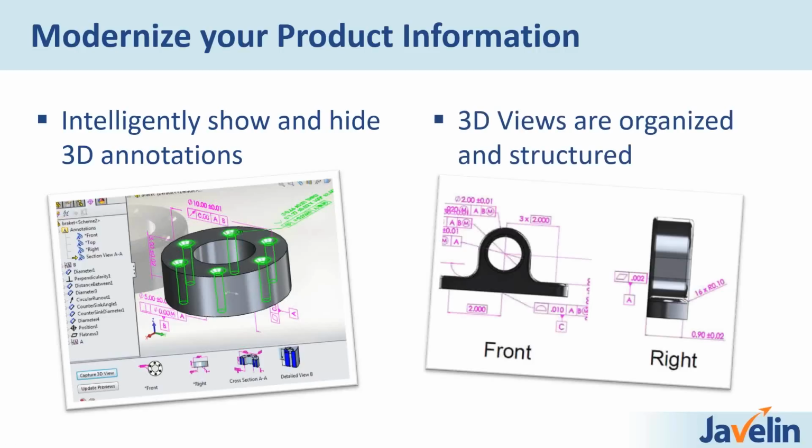The 3D views that we'll create are very structured and very organized. So if I'm looking at a front view versus a right view, I want to see only information that's pertinent to that view. Just like we would traditionally see in a 2D drawing, this isn't a whole lot different in terms of the way we present things and the way we organize and structure our 3D views inside of SolidWorks MBD.